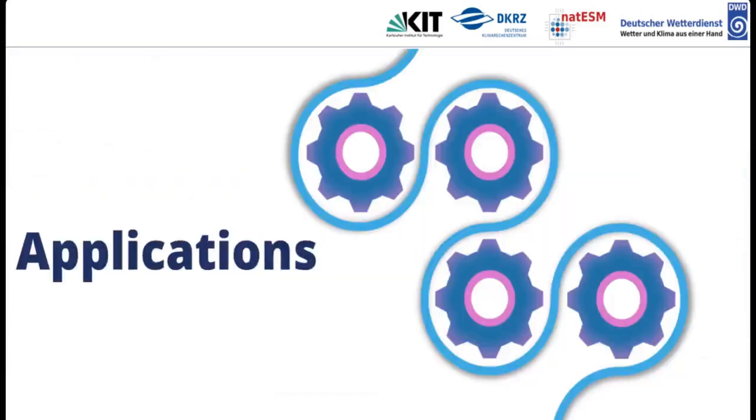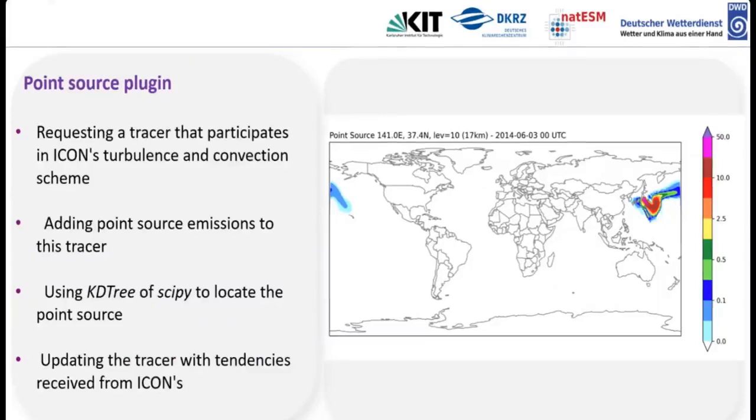Now, let's move on to some applications of the plugins that have been developed so far. One example is the point source plugin, which is in the ComIn repository itself. This plugin requests a tracer that participates in the ICON turbulence and convection scheme, and we add a point source emission to this tracer. The fun and easy aspect is that we are writing in Python, so we can use the packages available for Python.